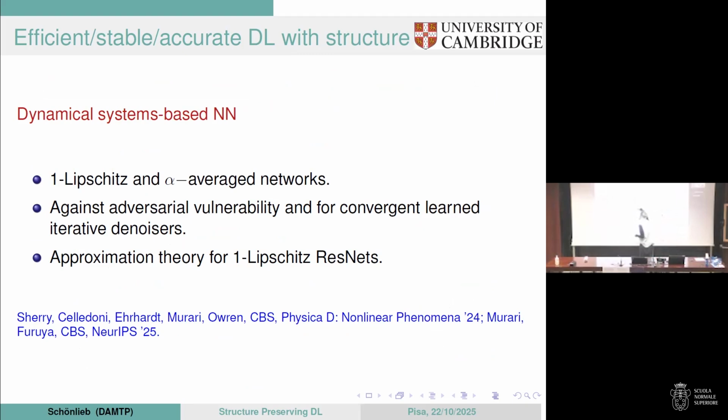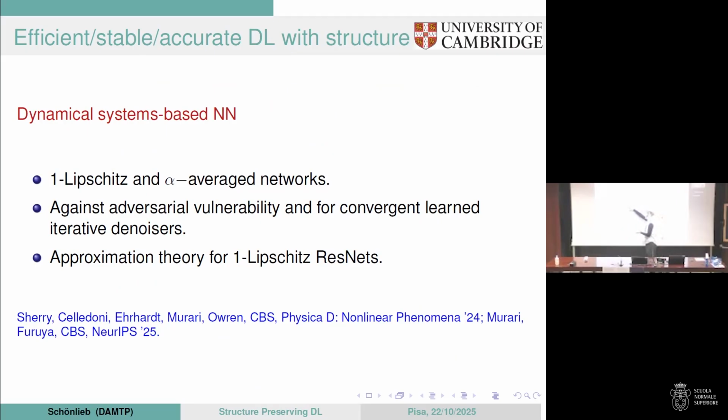A slightly generalized version of one-Lipschitzness is the alpha-averaging property, which appears again when you think about inverse problems, when you want to set up neural networks to iteratively solve your inverse problem by going through the layers of the network.